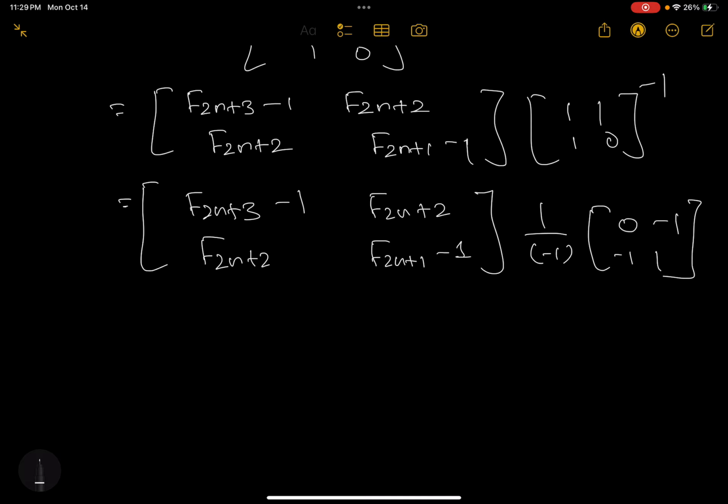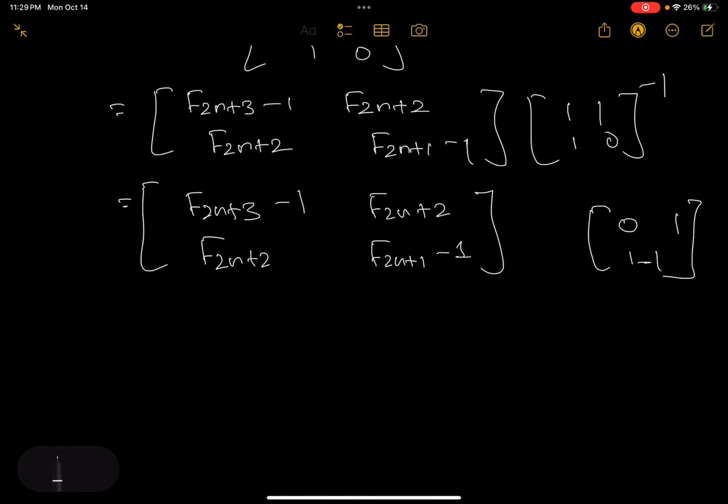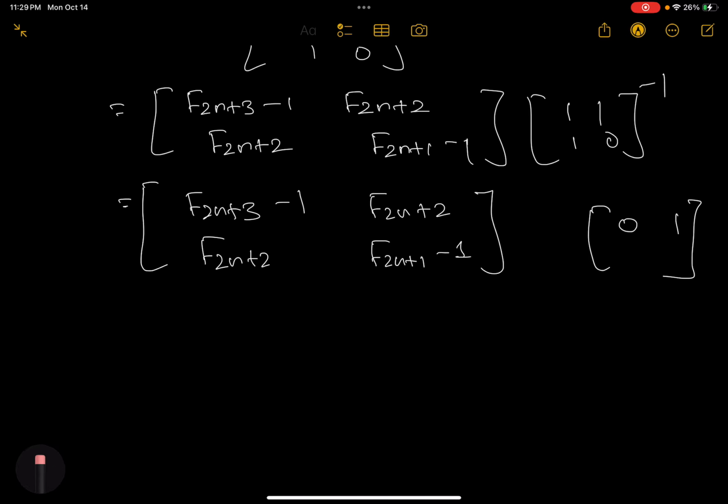And now if the minus 1 multiplies them, what happens is 0 will be 0, this minus sign will be removed from there, and this will have a minus sign, right? Now there will be 1 and minus 1.